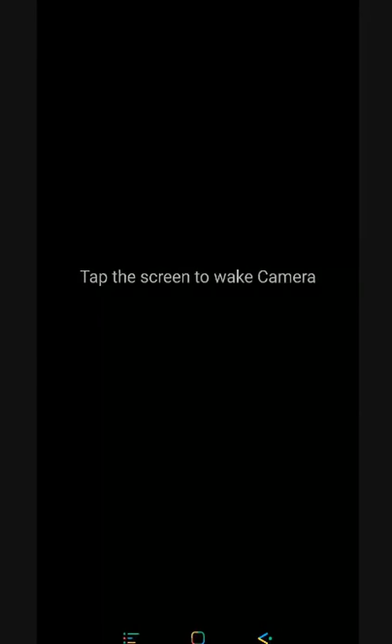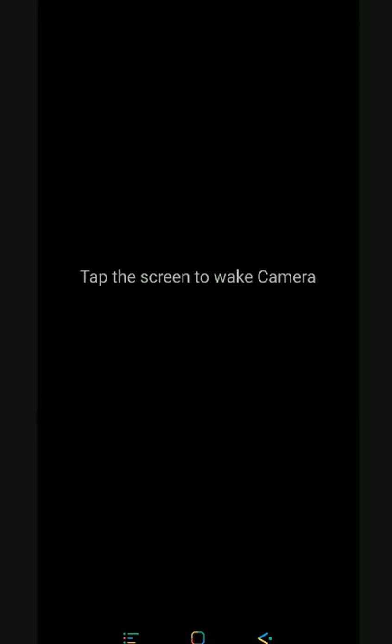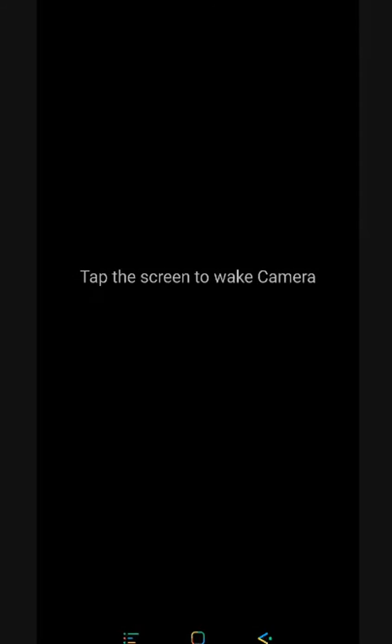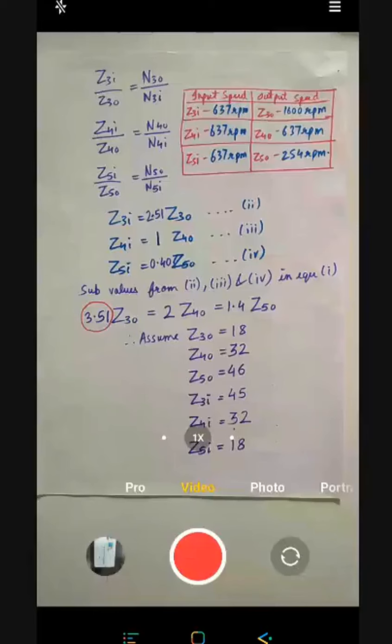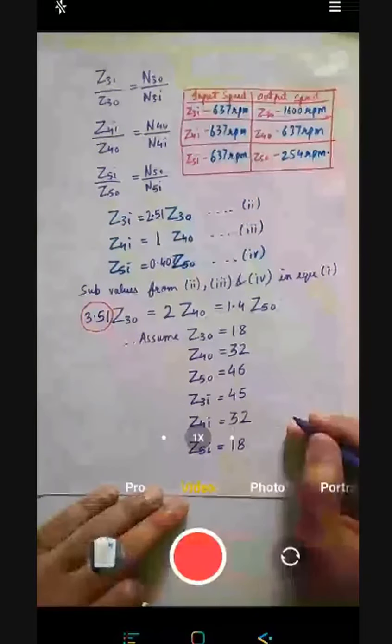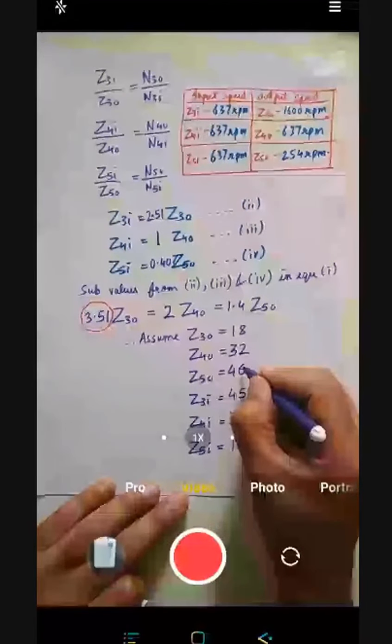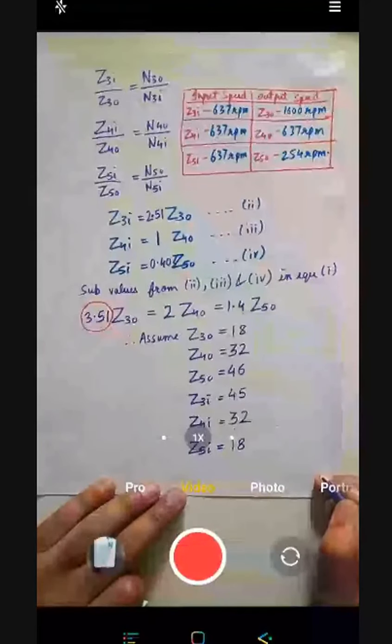Now, if you can cross verify, Z5 is 45. हाँ. कितना आना चाहिए वो? 45 आएगा. कुछ चेंजेस करने पड़ेंगे. ये दोनों को ऐड करोगे तो आप 32 को ऐड करोगे तो कितना होता है 64. 18 और 45 को ऐड करेंगे तो कितना होगा, 64 होगा.